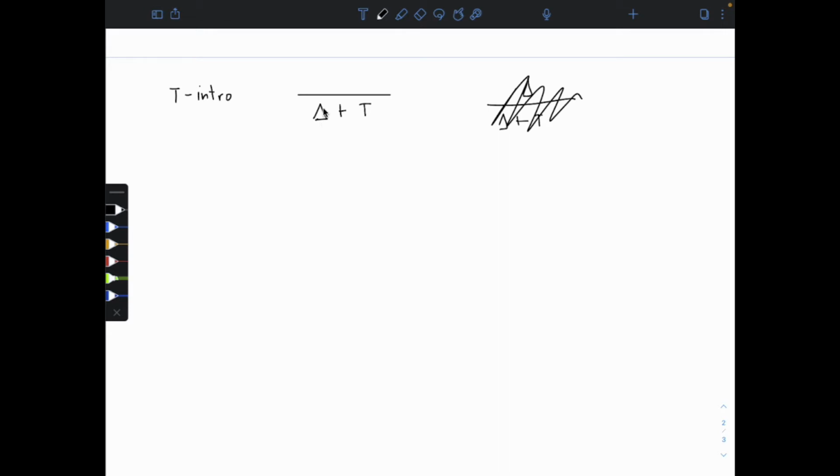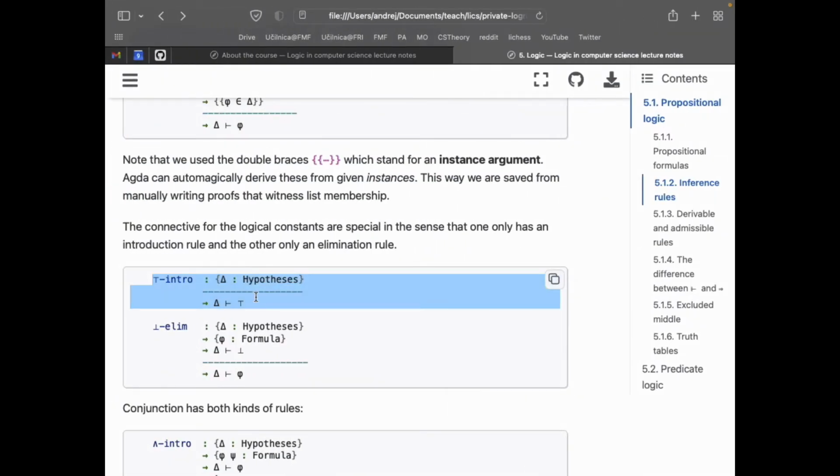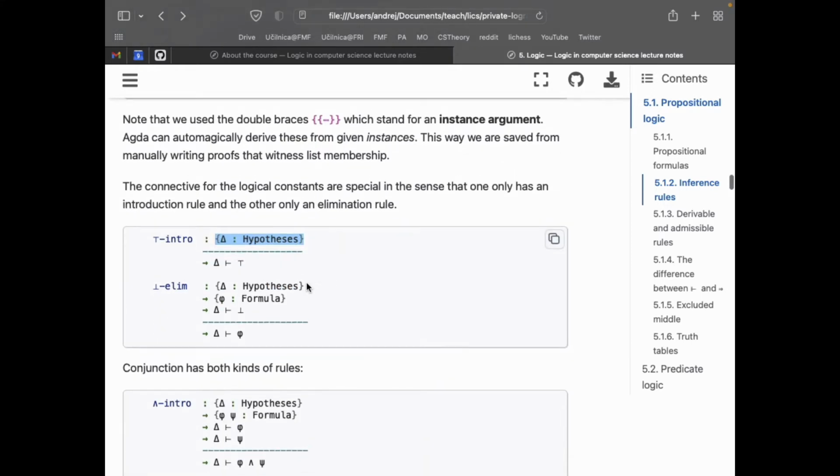If anything, if you want to explain what this delta is, you have to say for all lists delta of hypotheses, we have such a rule, which is this business here. Yes? So don't confuse the fact that in Agda we are saying what the type of delta is with the fact that we might have a premise.